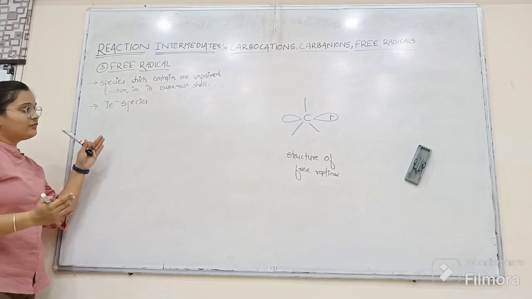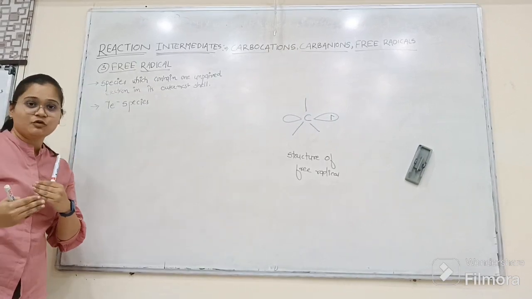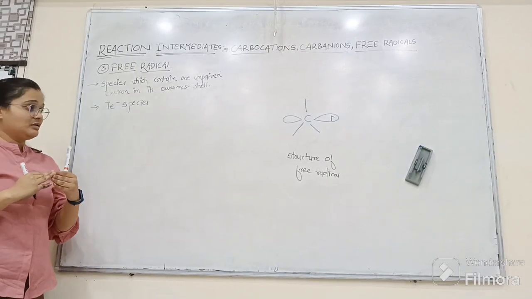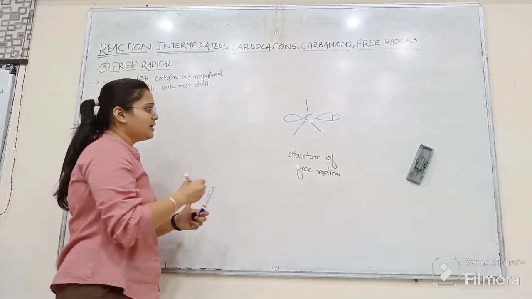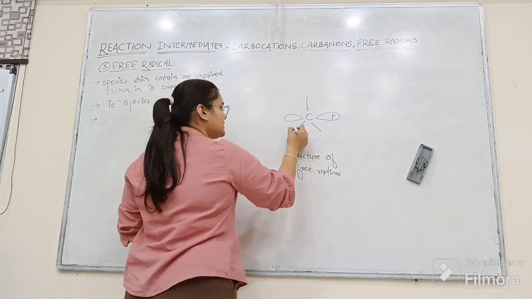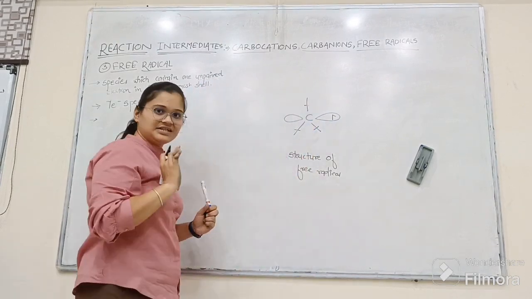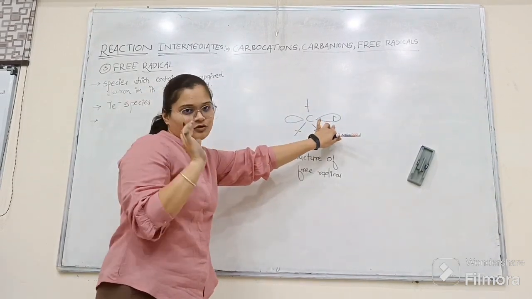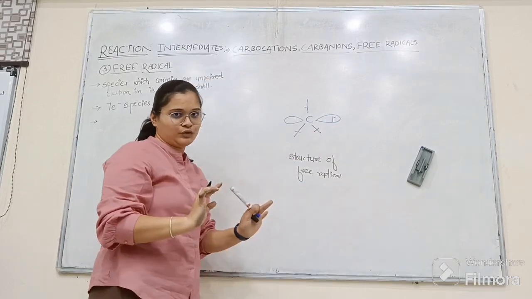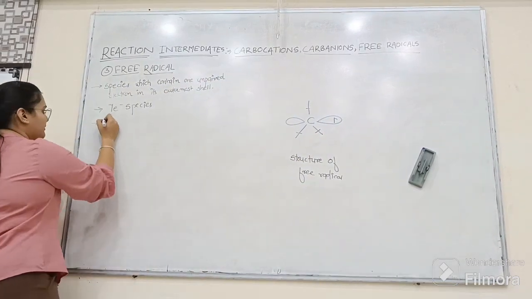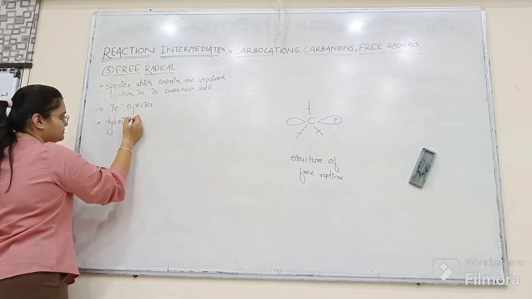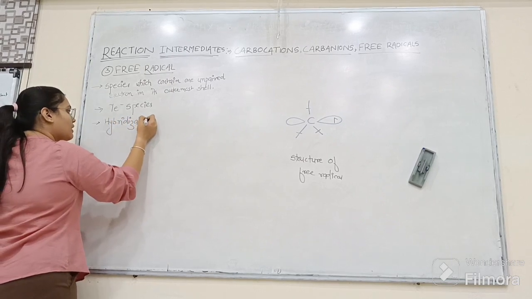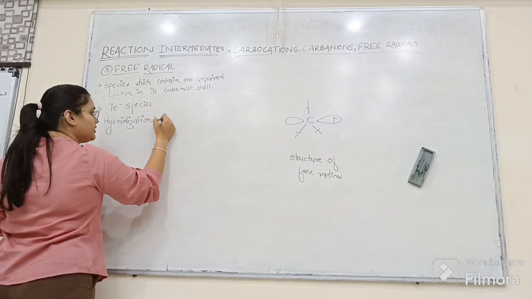Right. So furthermore, moving towards the next point, we will be discussing hybridization here. As I can see, this carbon atom is forming 3 sigma bonds, whereas this is one odd electron, which you can neglect over here. So here the hybridization would be sp2.